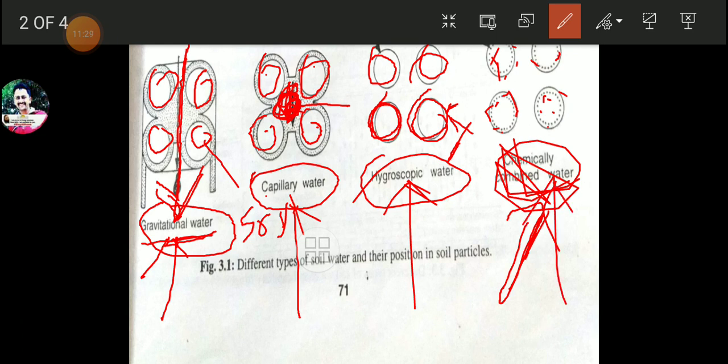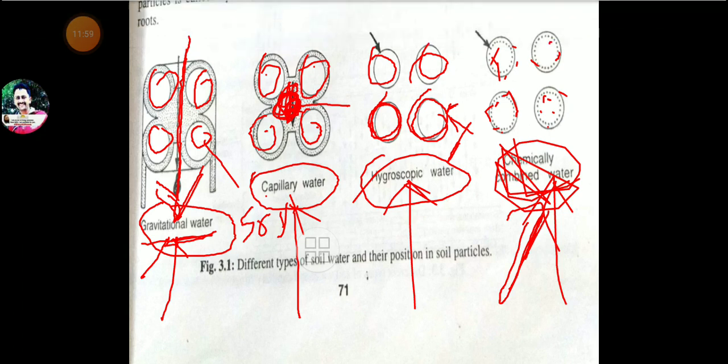Friends, keep in mind, I have also told you the fifth type, that is running water. But out of these, only capillary water is available to the plant for its absorption. That's why I have shown this sketch to you.